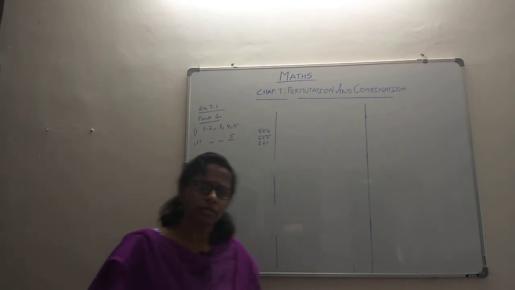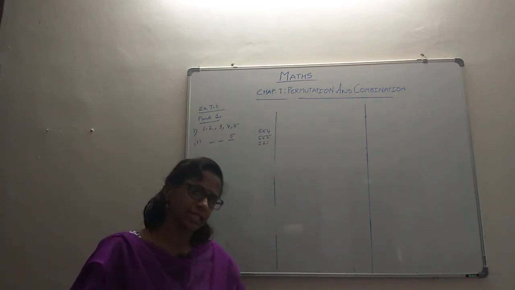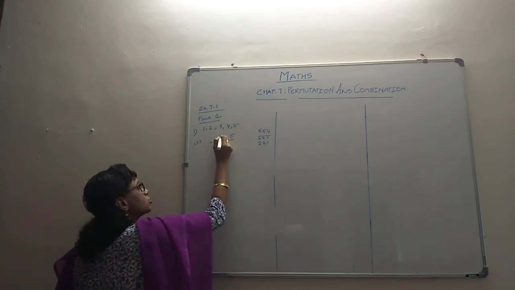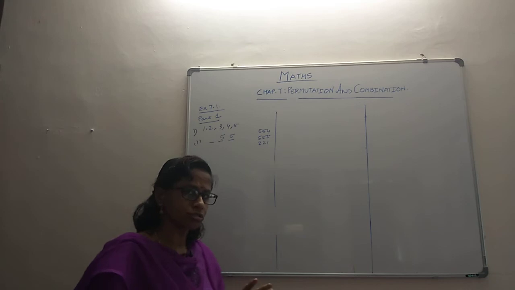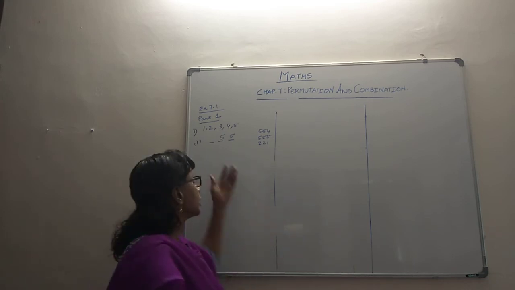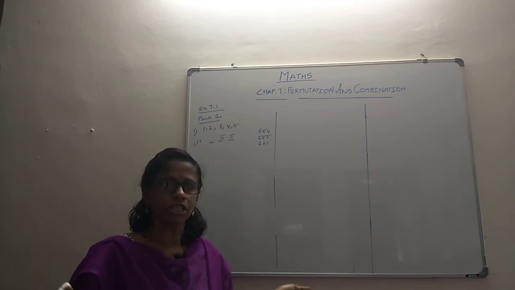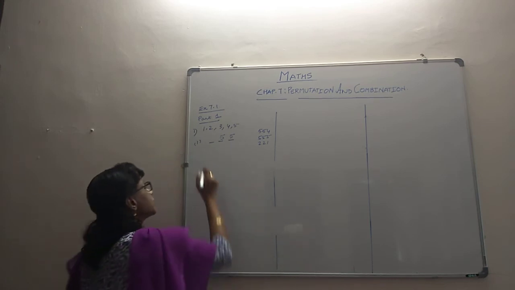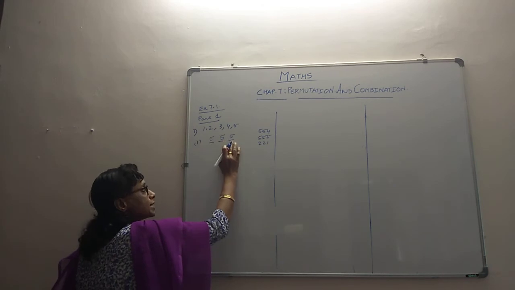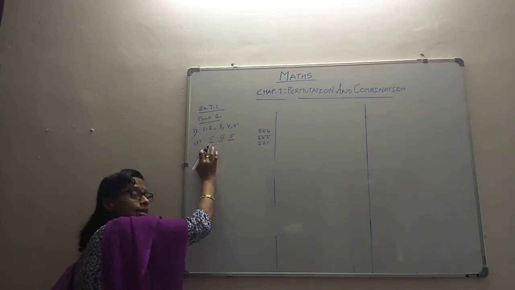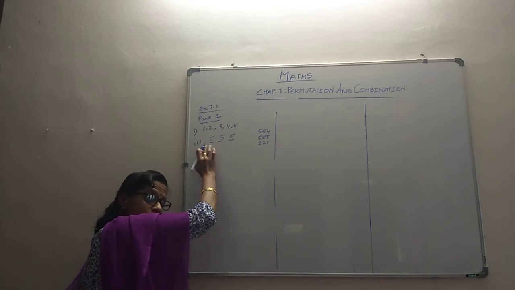Go to the tens place, there is no restriction, you can take any of the digits, so you have 5 choices, and it can be filled in 5 ways. Then the hundreds place, again there is no restriction, so that can also be filled in 5 ways.